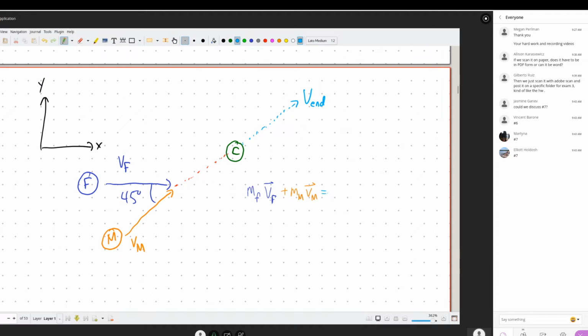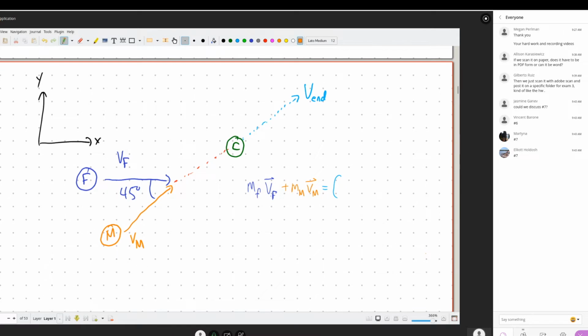In the end, all of them are moving together, right? Mass of the child times the velocity at the end. Now what I've written down is a vector equation, but it's true independently and separately in x and y. So you can just write down x and y components of that, and this will work.